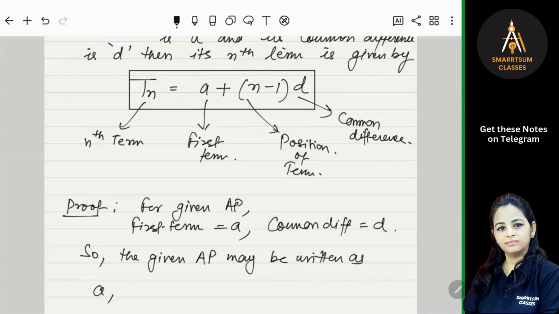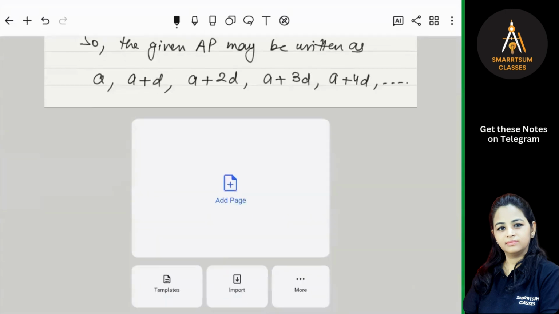Now, how will you find the second term? By adding the common difference, A plus D. Then the third term will be A plus D plus D, that is A plus 2D. Similarly, the fourth term, A plus 3D. Fifth term, A plus 4D, and so on. Everybody understood till here?